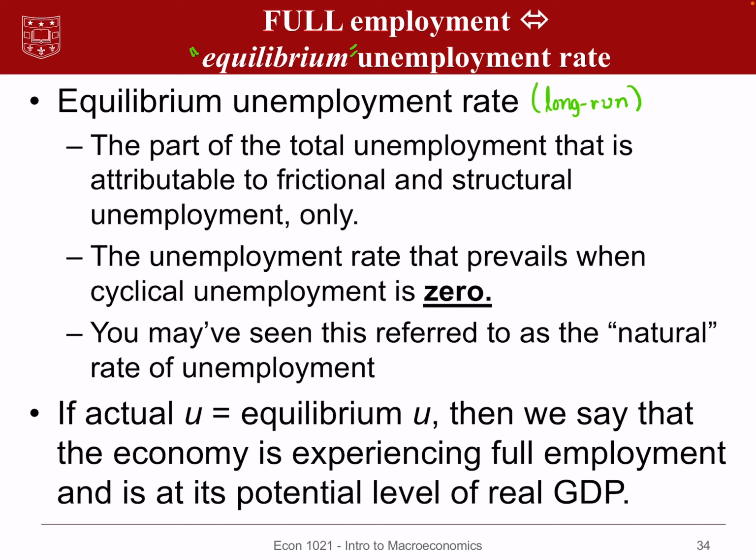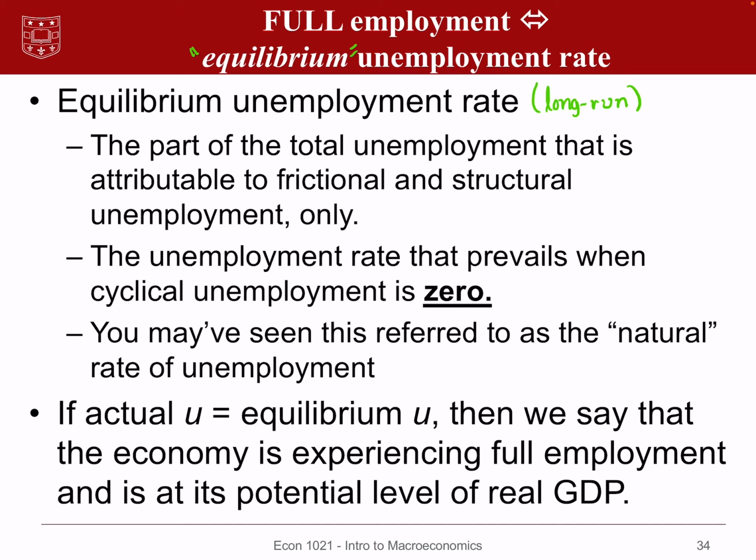So synonymously with that, if only the level of unemployment that we observe can be attributed to frictional reasons and structural reasons, then by definition, there is no cyclical unemployment, or the cyclical unemployment level is zero.